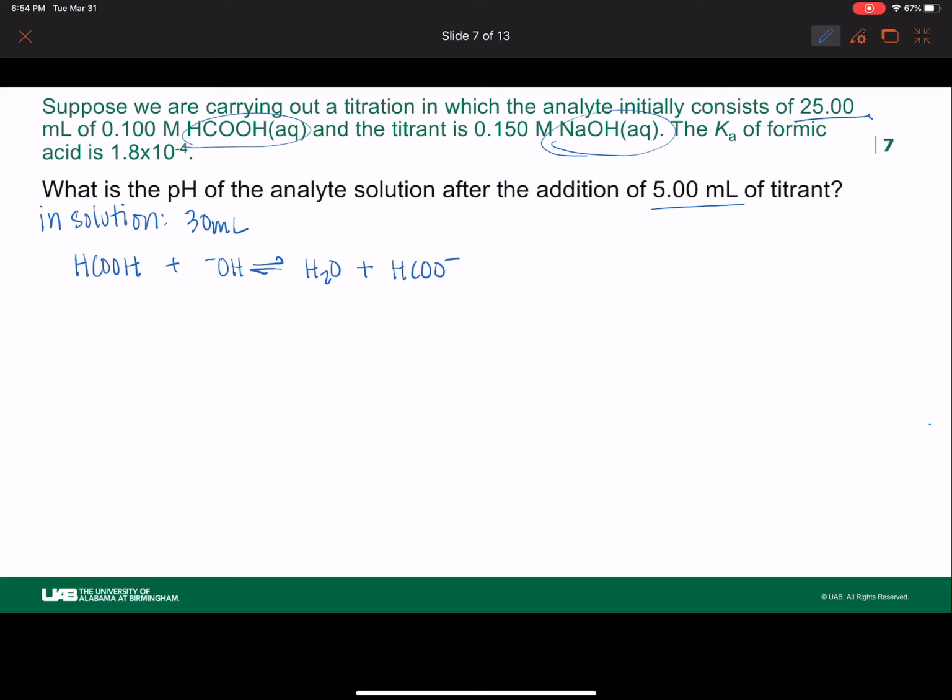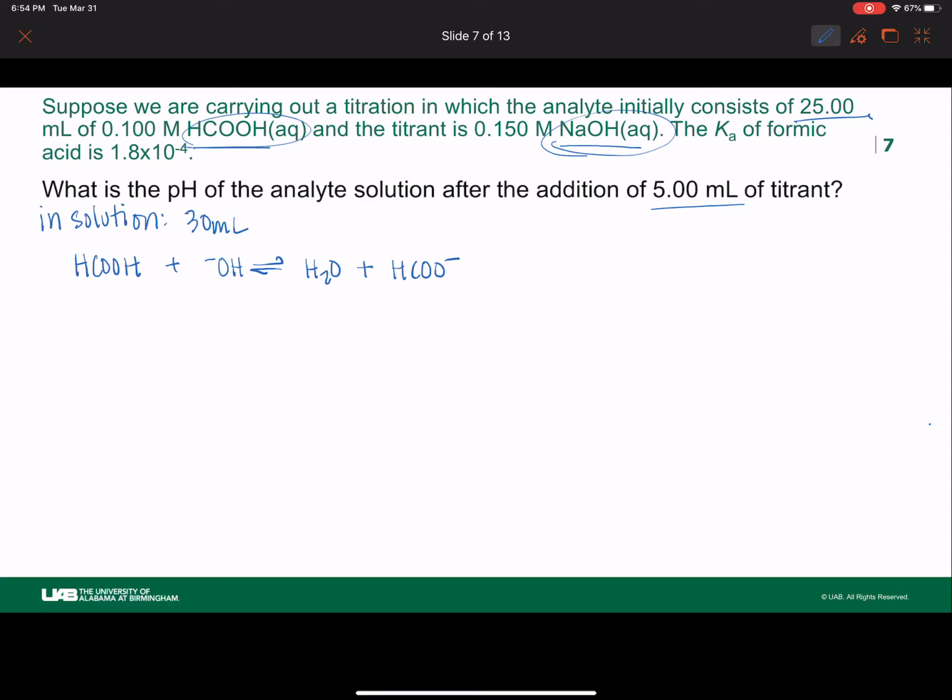Now, what's happening? Well, we have 2 species, and we have an initial amount of 2 species, which is strong base and weak acid. So we need to take both of those into account, and we're talking about things reacting with one another. And so we can't really talk about concentrations anymore. We've got to talk about moles.